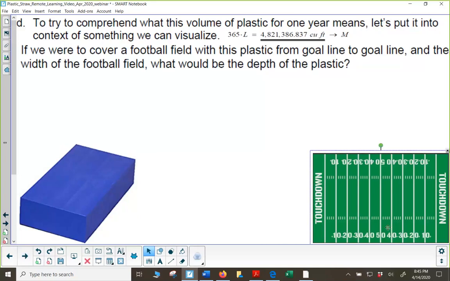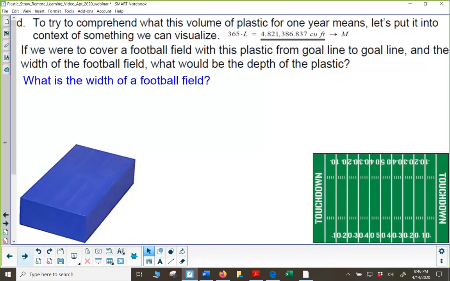What would be the depth of the plastic that would sit on top of that as a box? I want to put a box, goal line to goal line, no end zones, sideline to sideline. Make a rectangular solid with this melted plastic, so I can visualize it.